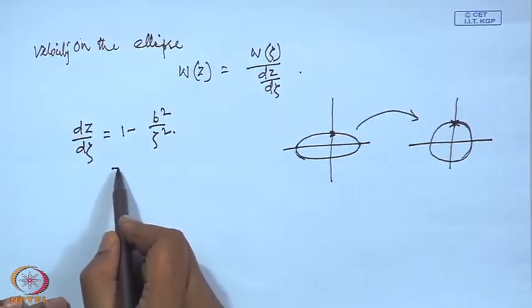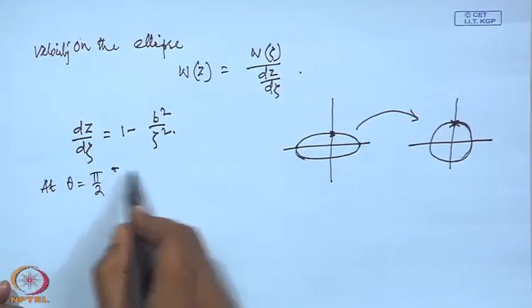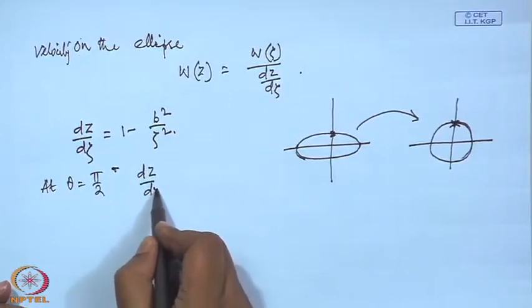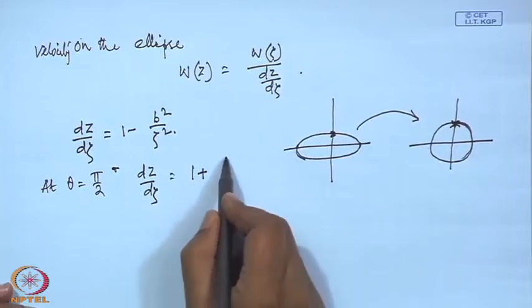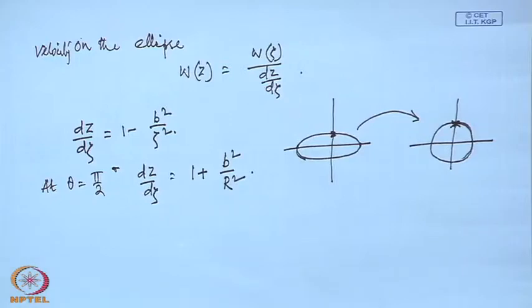So, this becomes, at theta equal to pi by 2, zeta is i r, not simply r, i r.